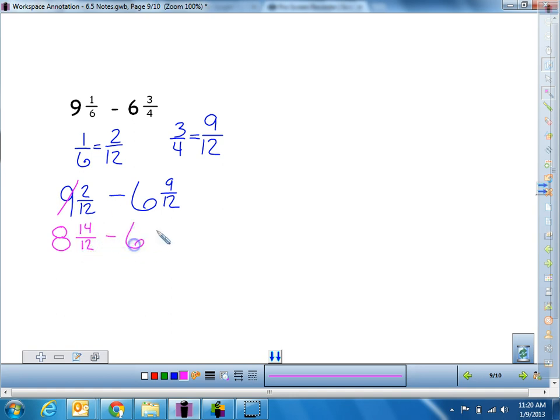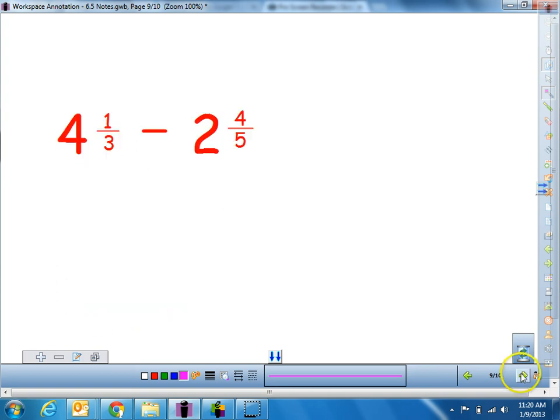And I'm going to subtract 6 and 9 twelfths. So going through it, fractional part, 14 twelfths minus 9 twelfths leaves me with 5 twelfths. 8 minus 6 is 2. 5 and 12 don't have anything in common, so this is as low as it can go.